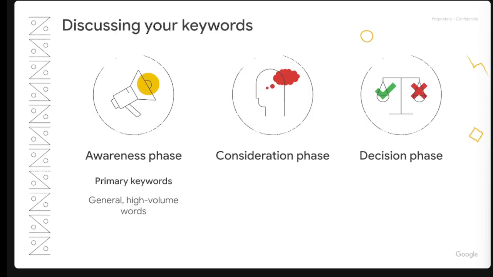So examples for that a gardener type would be gardening tips, gardening 101, or gardening apps, a lot of the broad ideas that you guys have suggested. And then when we look at the secondary keywords for the consideration stage, obviously these are a little bit more specific, moderate volume keywords that people use when they start to compare different options.